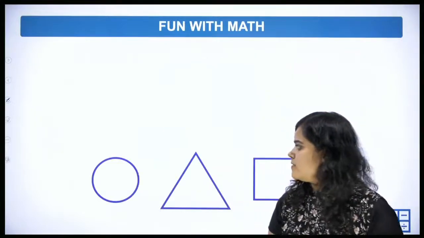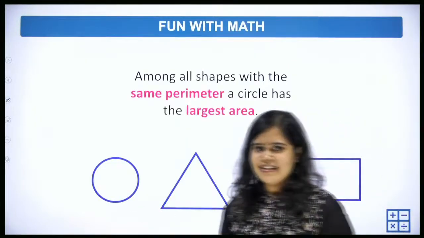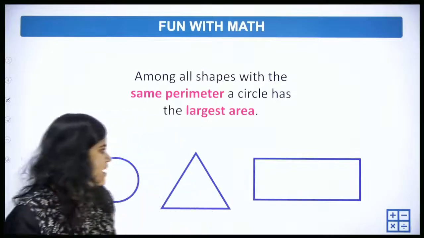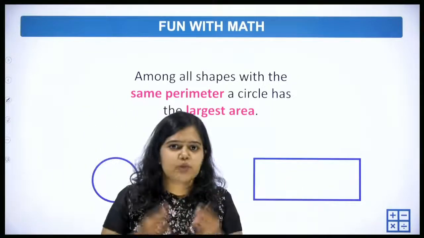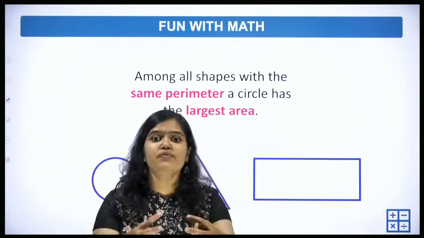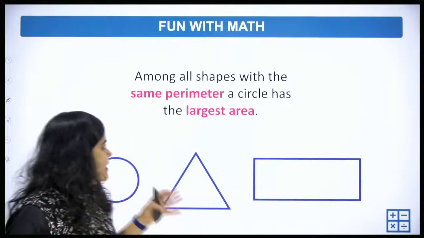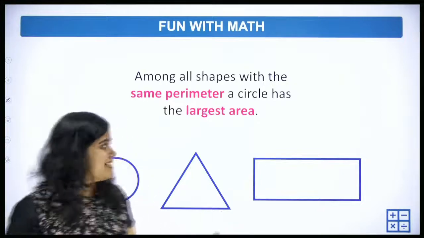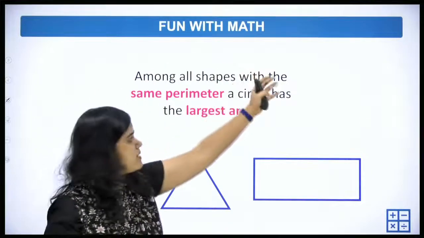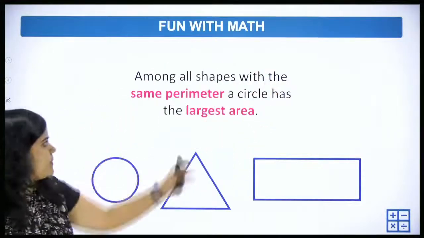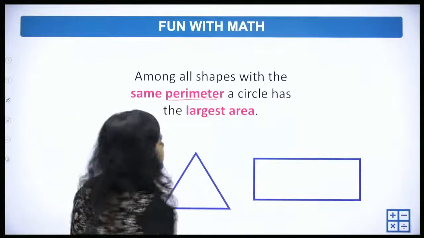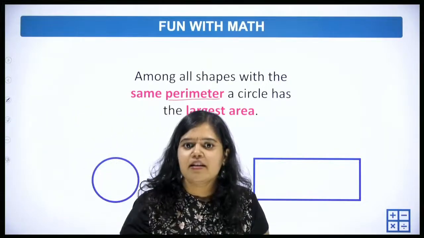So the fact 1, what are these? We have circle, triangle, rectangle. We also have square, trapezium, different shapes. Okay? We have different shapes. And the fact of the day is that among all shapes with the same perimeter, what does perimeter mean?